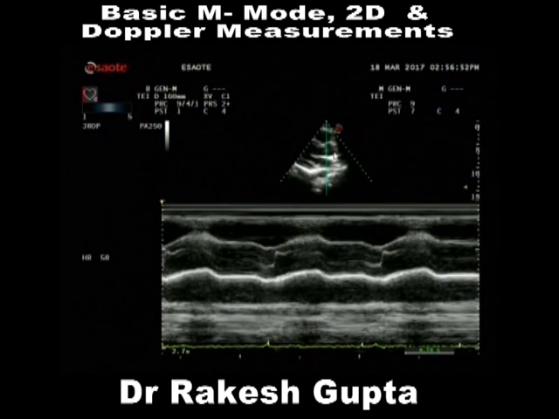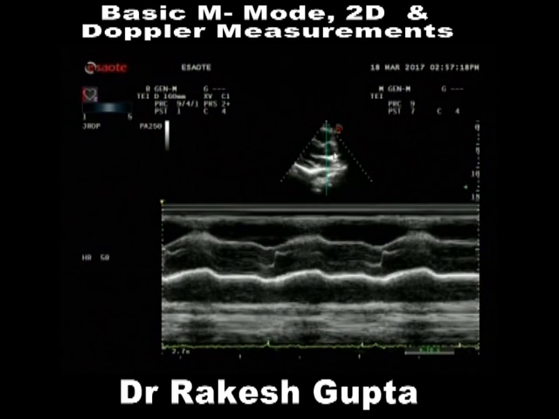Correct? Now, where to measure the aorta, where to measure the aortic valve, where to measure the LA? When would the aorta be the biggest in size? Just at the beginning of systole. So where is systole on the ECG? Here, the beginning of the QRS complex. So the aorta will be measured over here.